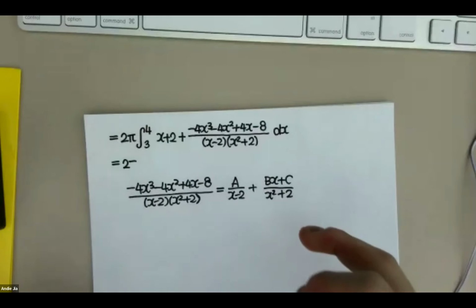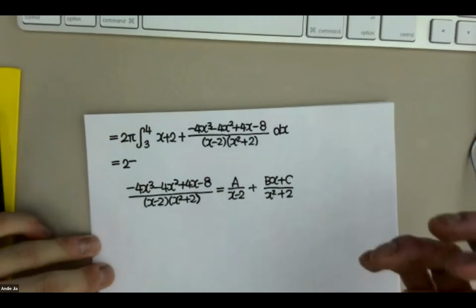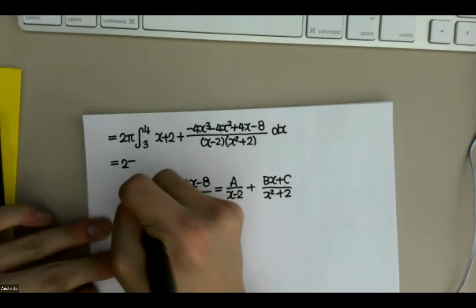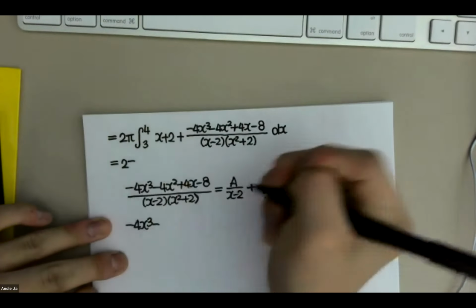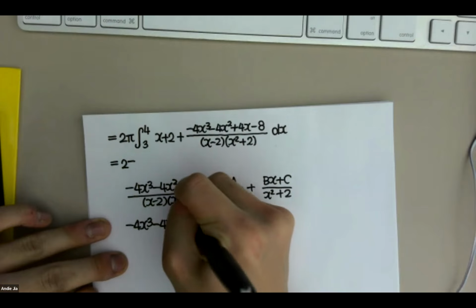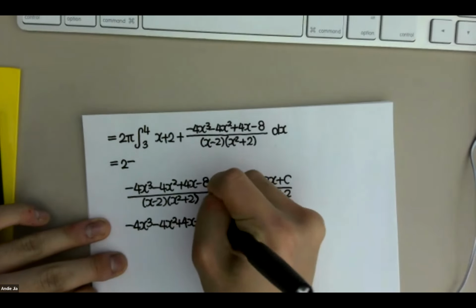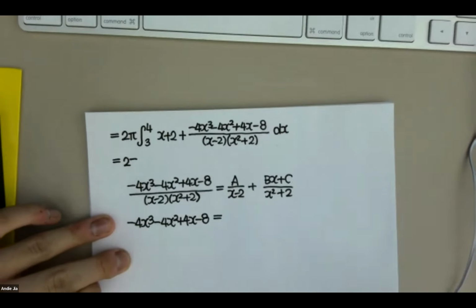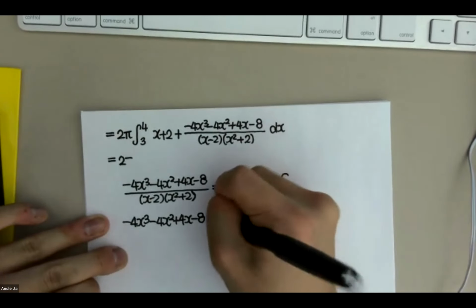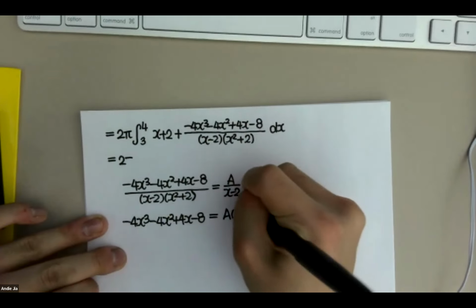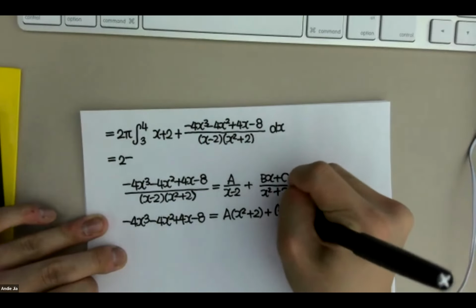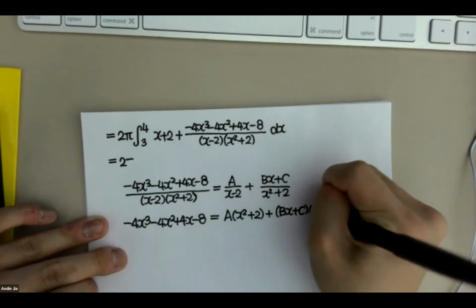Then just multiply this whole thing. A multiplied by this is going to be A(x squared plus 2) plus (Bx plus C) over x minus 2.